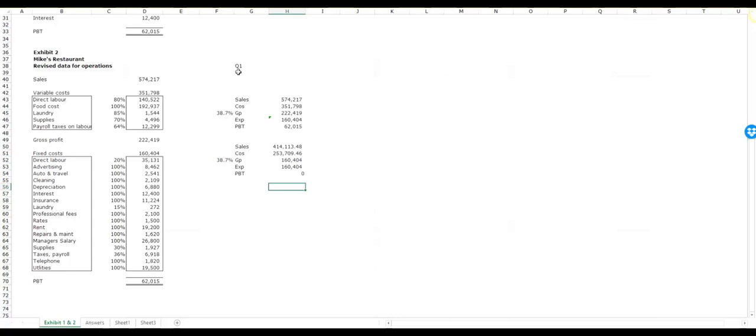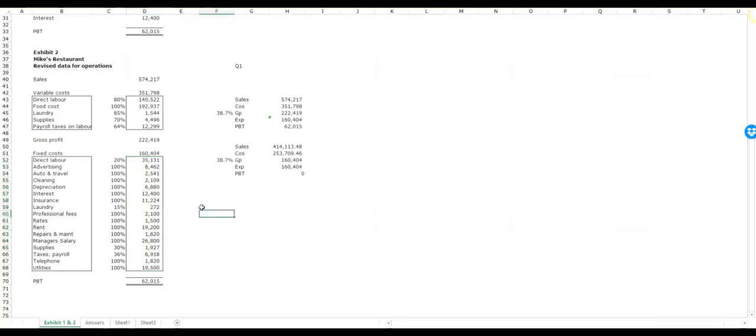Let's do question 1, part 2. Question 1, part 2 was asking us to calculate the break-even in the following year, or in the coming year, I think is the language that they used. Now we cannot calculate that until we know what the new fixed costs are going to be and what the new profit margin will be for the business.